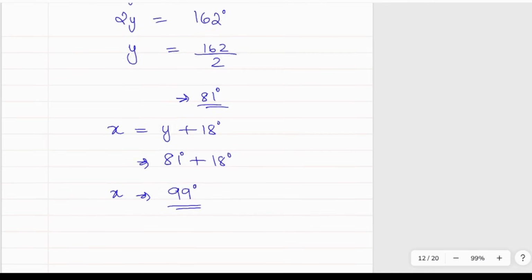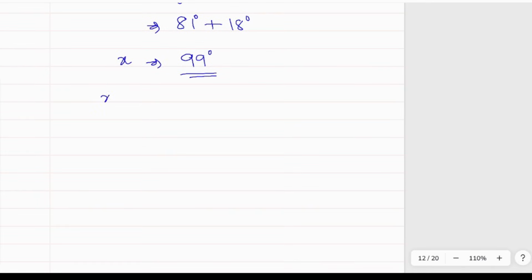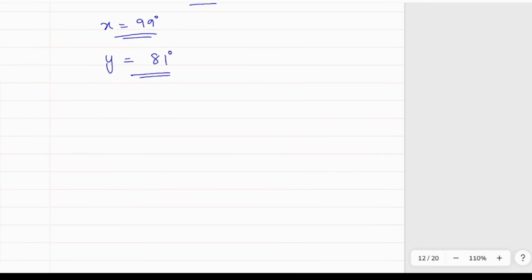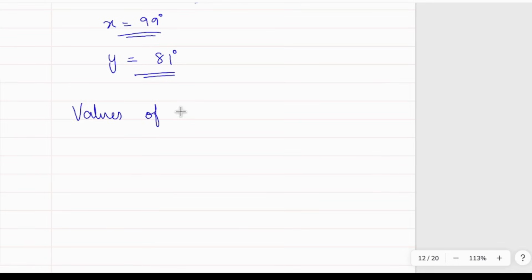So we got the values, right? x equal to 99 degrees and y equal to 81 degrees, because we took x as the larger angle and y as the smaller angle. Therefore, x is 99 and y is 81 degrees. Therefore, we have to write here the values of x and y.